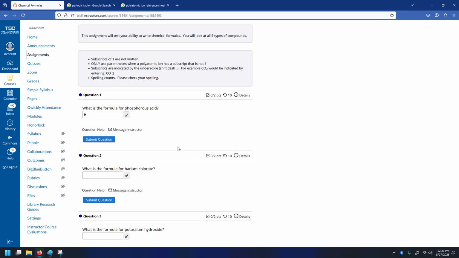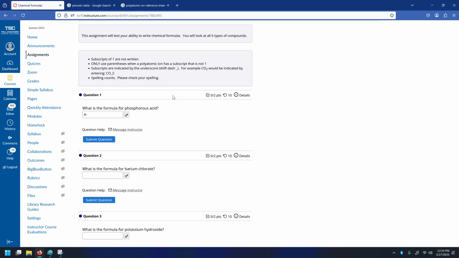They are just hydrogen and the other element. You can tell something's a binary acid from its name because it'll always start with hydro. Now, because phosphorus acid doesn't start with the hydro prefix, I know it must be the other type, which are the oxy acids. Those oxy acids are going to be hydrogen and then some polyatomic ion.